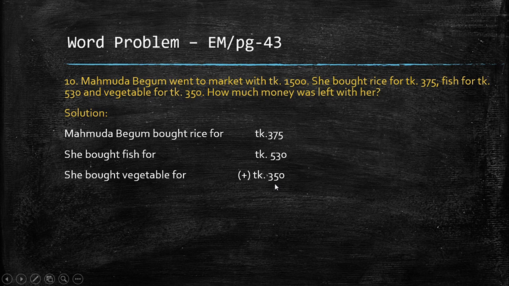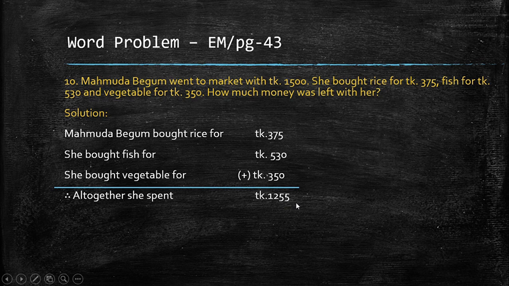So let's add them, and all together she spent how many taka? This is 1255. How can we get this? By addition, right?